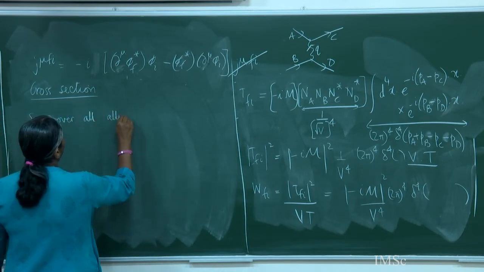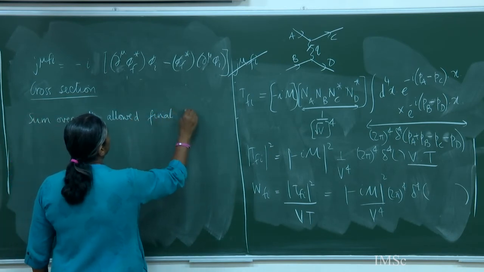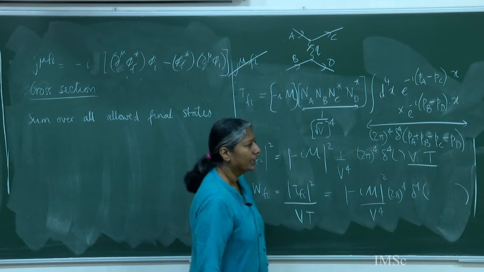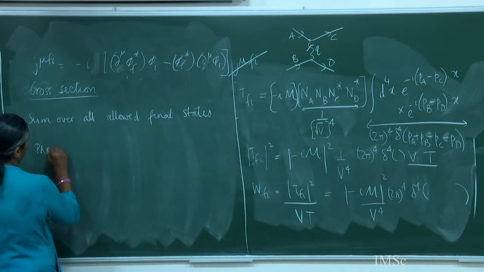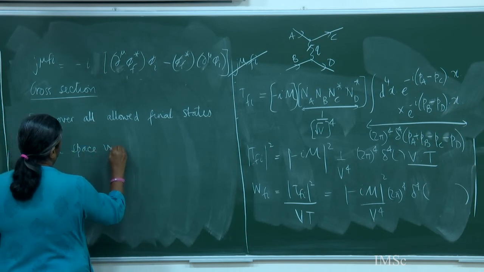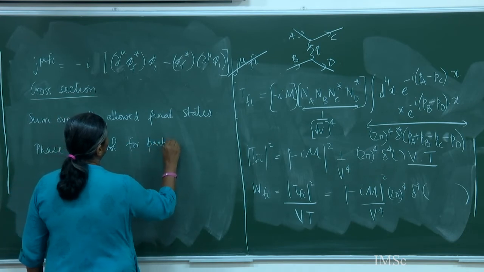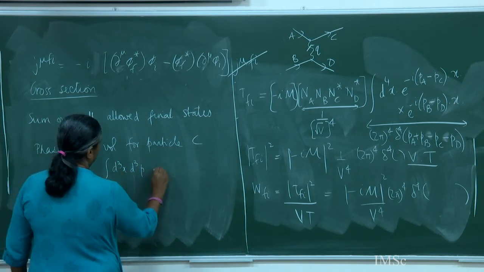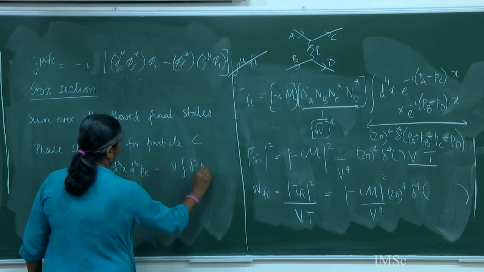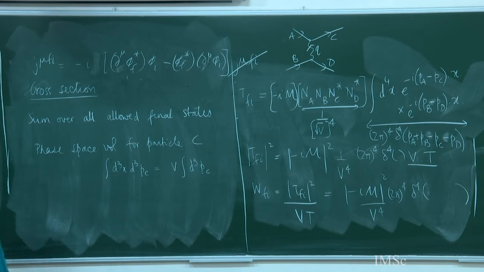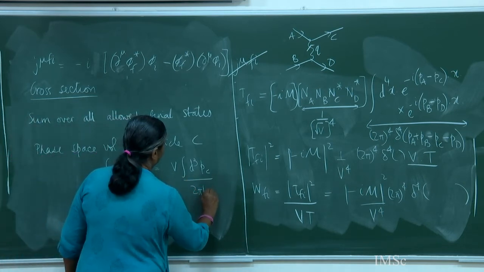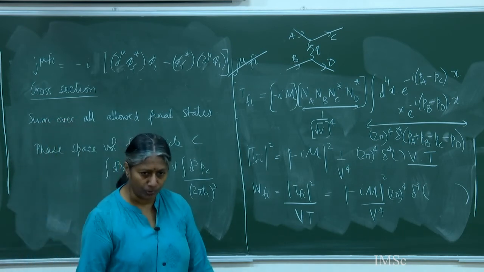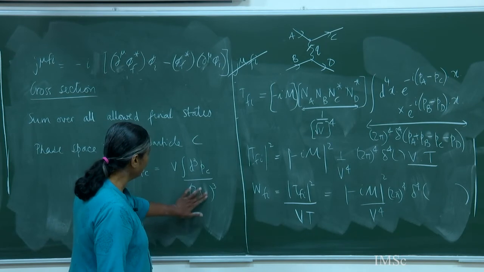all allowed final states, and then we remembered that in our phase space volume for particle, let us say C, is, and then I divided it out by, since it is the smallest available phase space volume, and then I drop h cross equal to 1.